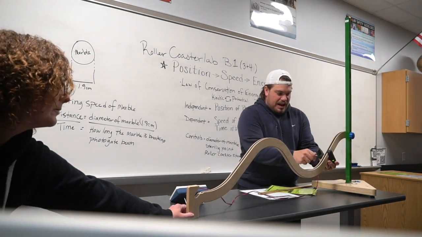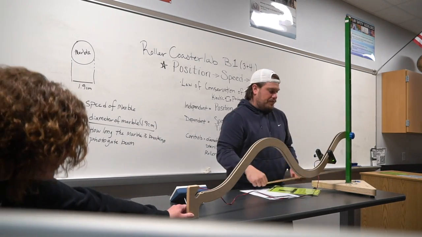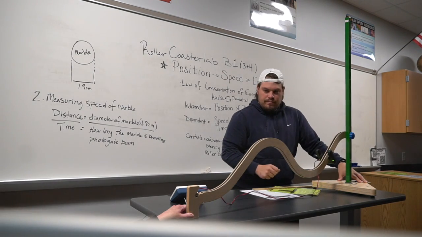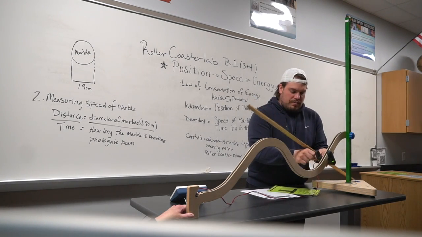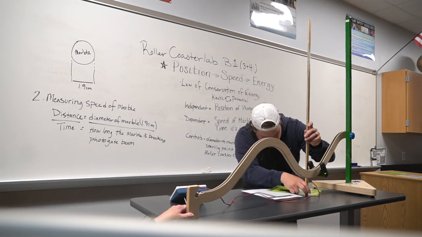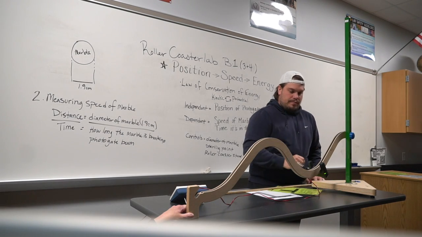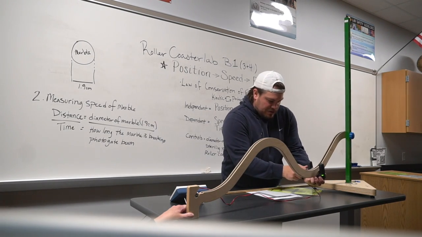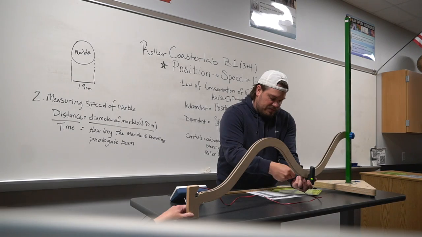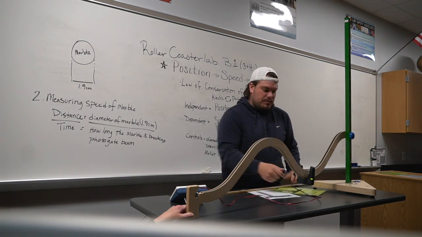Number 3 is 25 centimeters down the track, and the height from the table is 23.5. The next one is 35 centimeters down the track, and the height from the table of the photo beam is 17.5. Position 5 is at 45 centimeters down the track, and it is 15.5 centimeters from the table.